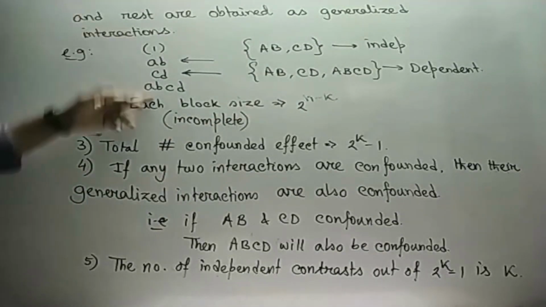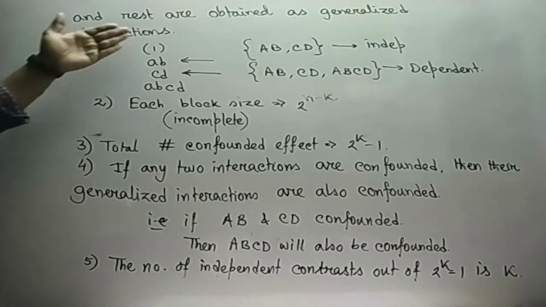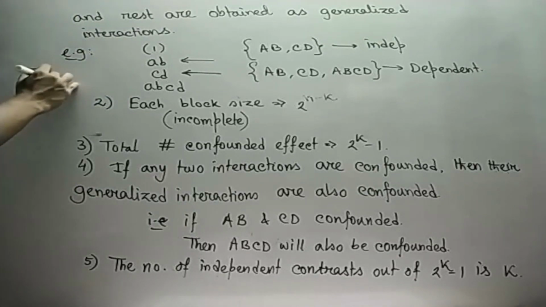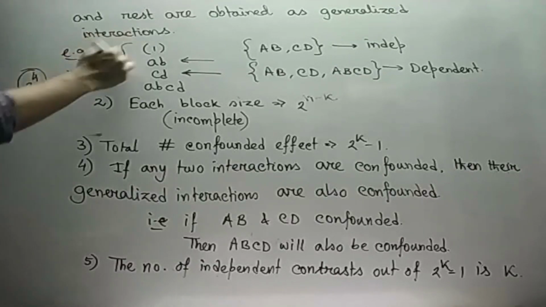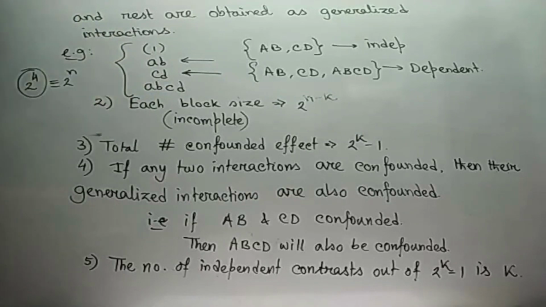So we can see that if we have a 2 to the power 4 experiment, 2 to the power 4 is equivalent to 2 to the power n, and in the key block, in each block, there are 4 members. So 2 to the power n minus k is equivalent to 2 square.